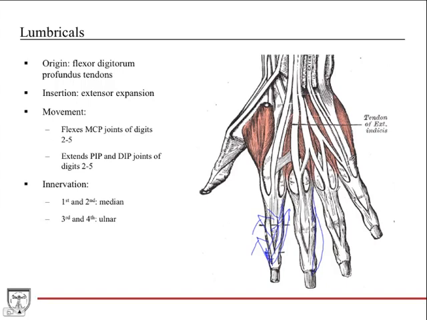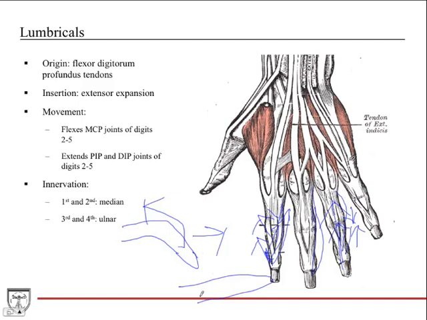So again, it comes across here, inserts onto the extensor expansion, contraction. It's going to pull on the distal phalanx, the middle phalanx, and the proximal phalanx, and pull this way, giving you your extension. Okay, it'd be like this if your fingers were bent like this, and then you pull this way. It's just like anything else that you would pull that way. It's going to cause you to fully extend.